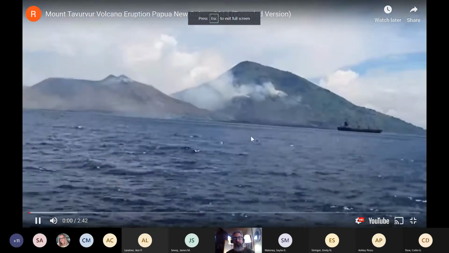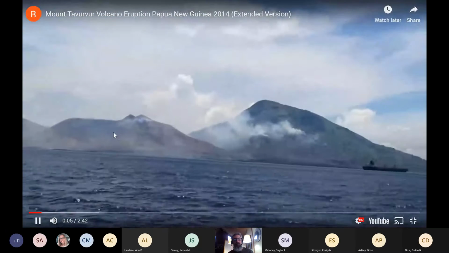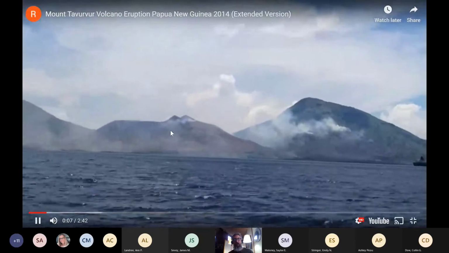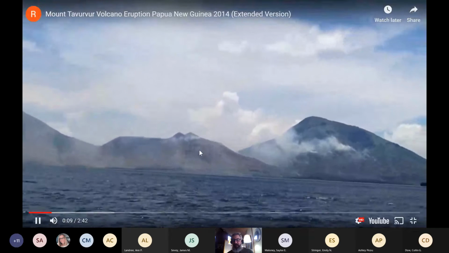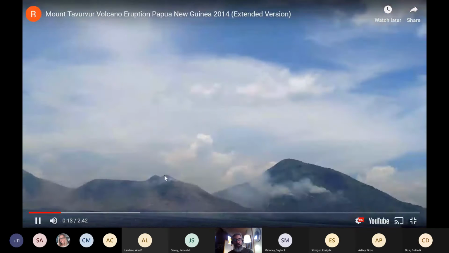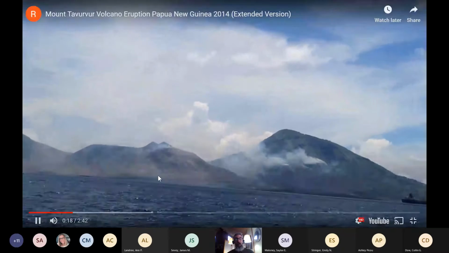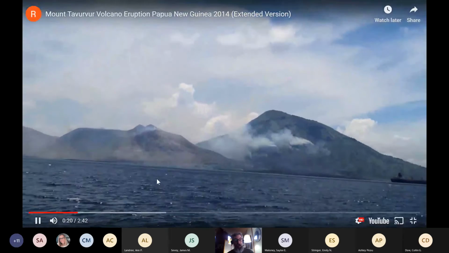The crater is a little bit hidden behind the landform there. But they were filming this. They apparently had some idea that something might be happening soon. So keep in mind, this is an explosive eruption, but the magnitude of it is not great.